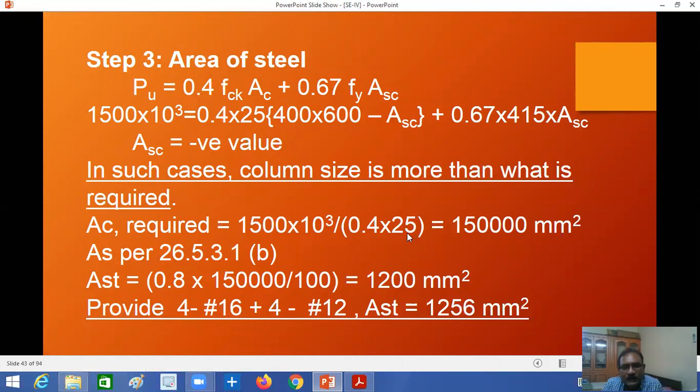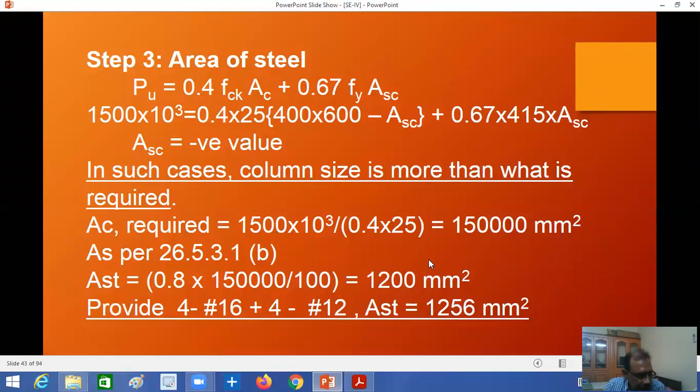FCK for the 25 grade. So from this, the AC required is 1,50,000 mm square. This is the gross area, and AST equal to 0.8% of the gross area is how much required here? See, gross area AC equal to 1,50,000 mm square by 100, that is percentage, 0.8%.